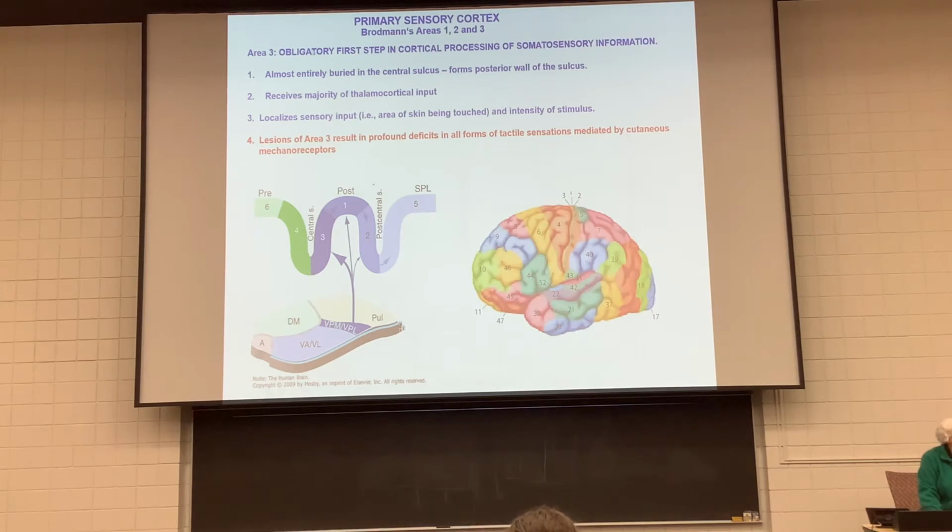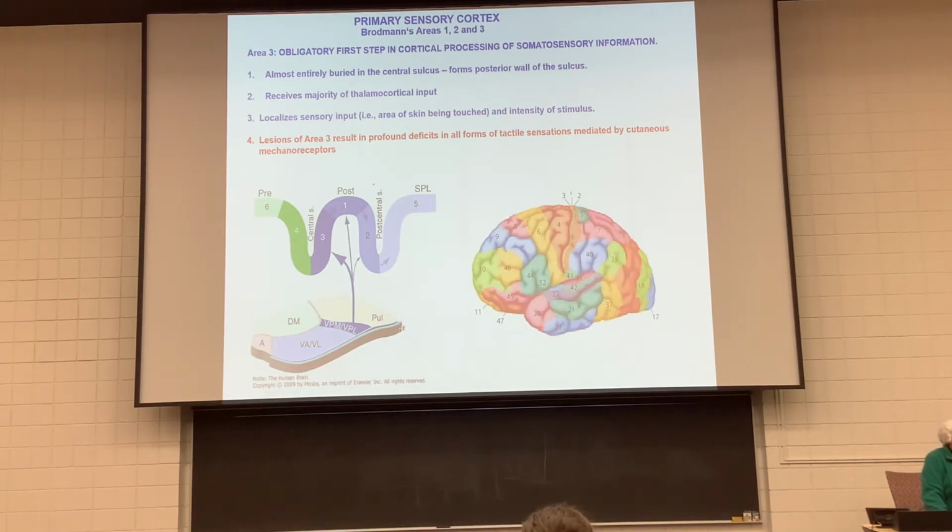This is the obligatory first step in cortical processing. If we don't get information into area 3, we don't feel it. We don't know where something is touching us or how intense the touch is. This is the same for pain. Pain is going to be following the same distribution pattern.